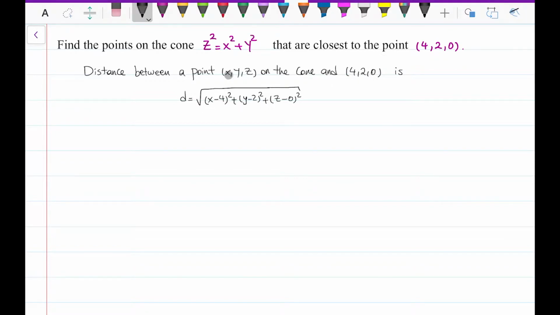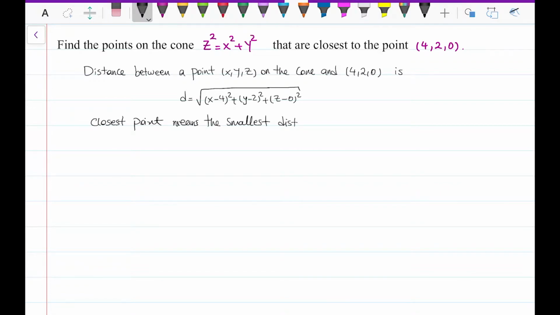Basically, the distance between any two points would be the square root of the difference between the first coordinates squared, plus the difference between the y coordinates squared, plus the difference between the third coordinates squared. Now, the closest point means the smallest distance, right?